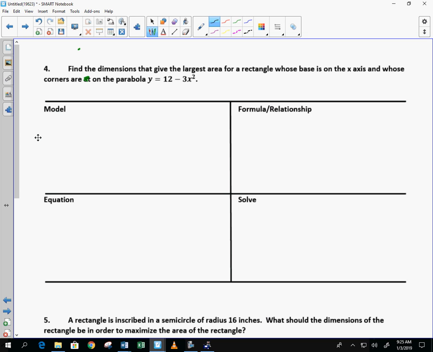Draw what, Braden? A rectangle? All right, before I draw the rectangle, what should I draw? A parabola. Okay, Braden says draw a rectangle inside the parabola. I'm all about that.